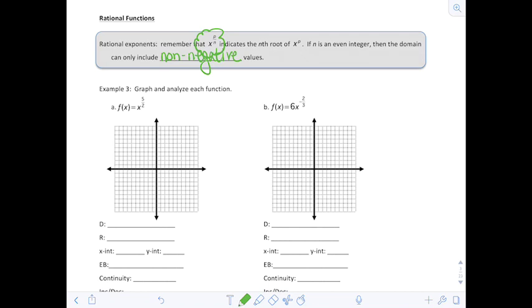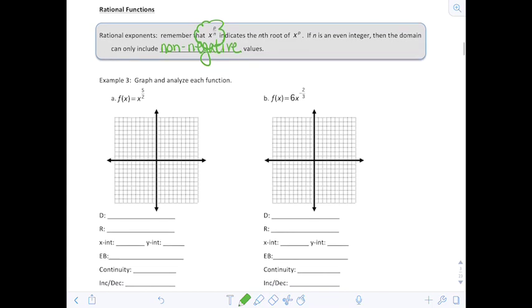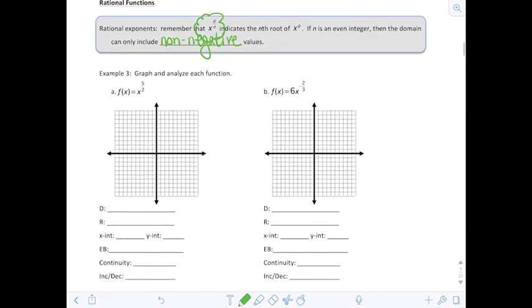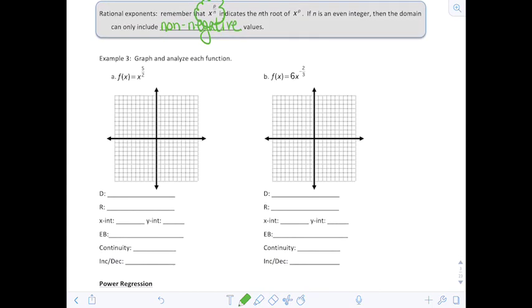So again, if you're taking an even root, a square root, a fourth root, a sixth root, you can only have non-negative values. And one of those reasons is that we can write that as a radical function, which we'll get to in just a little bit here. Okay, so let's take a look at some rational functions that have rational exponents.